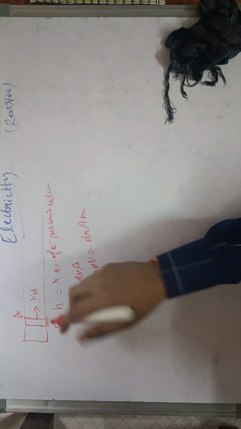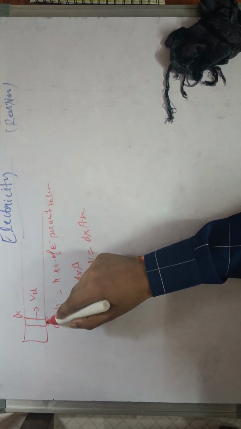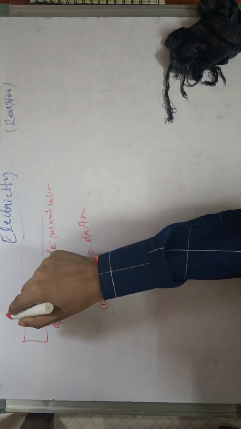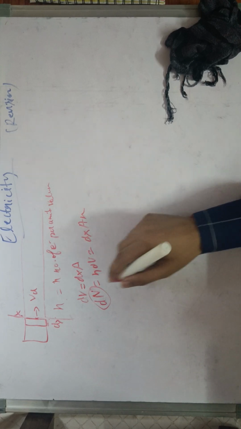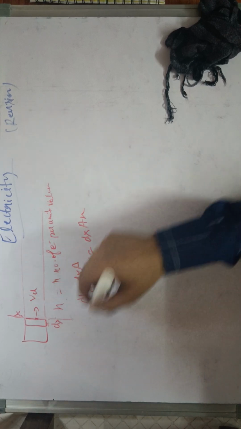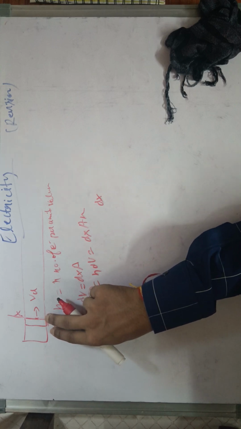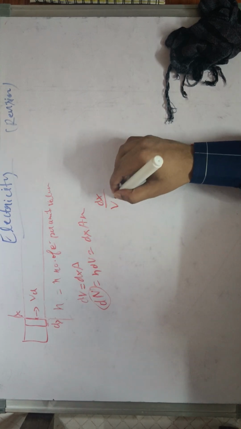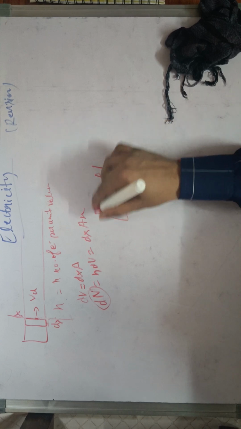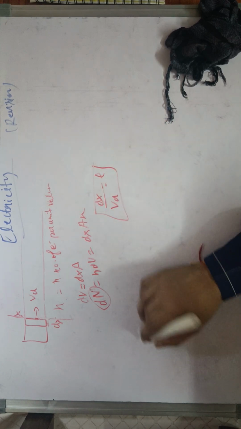Now the time taken for this whole length to pass through this point is dx by vd.